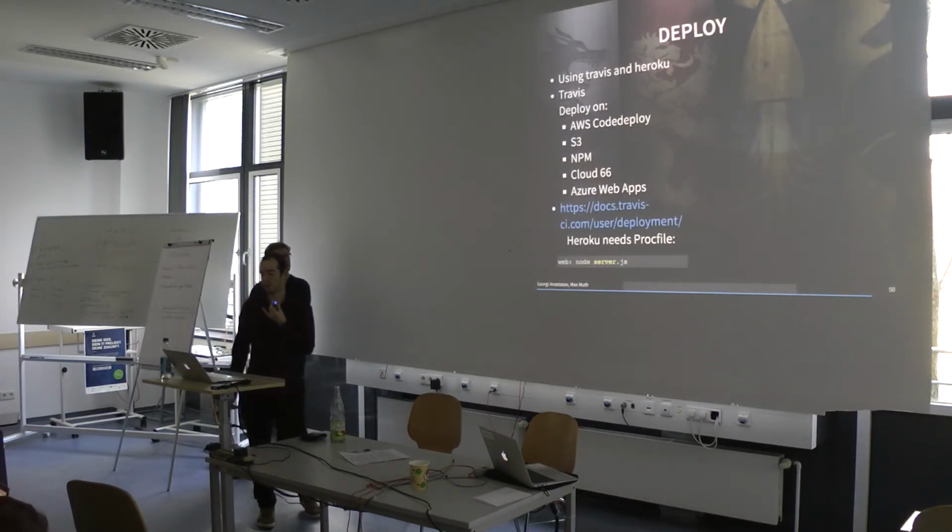Now I want to talk about how we deploy. That will be talked about by the other group too, but I want to mention how we deploy. We deploy it using Travis and Heroku. Travis can deploy on many different hosting platforms.